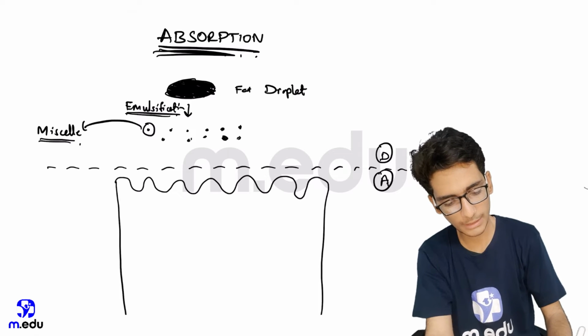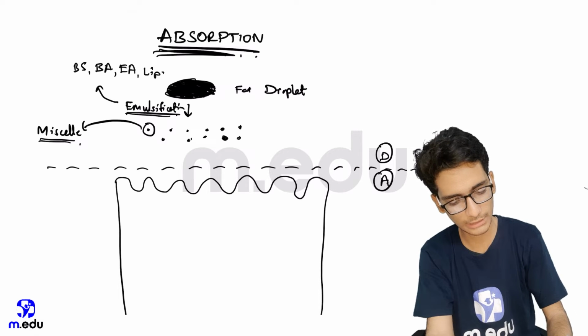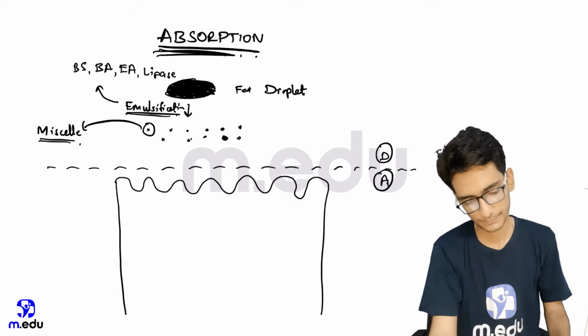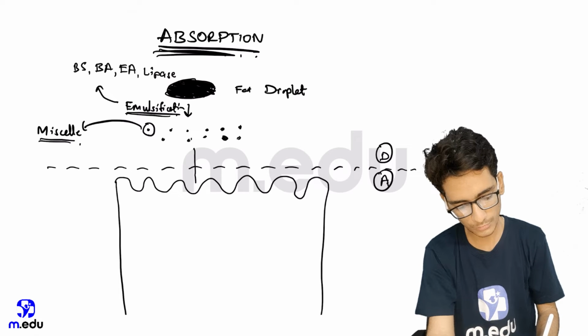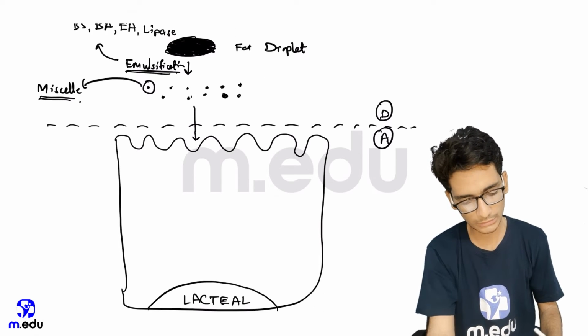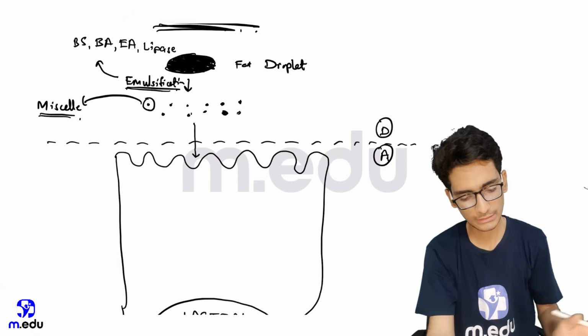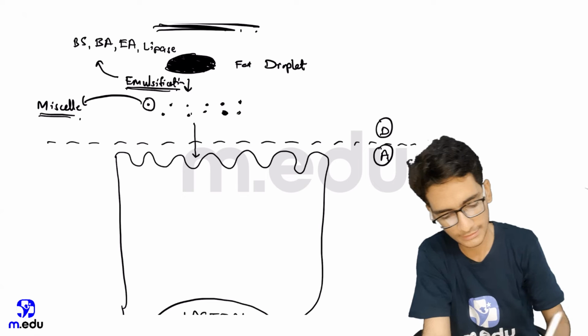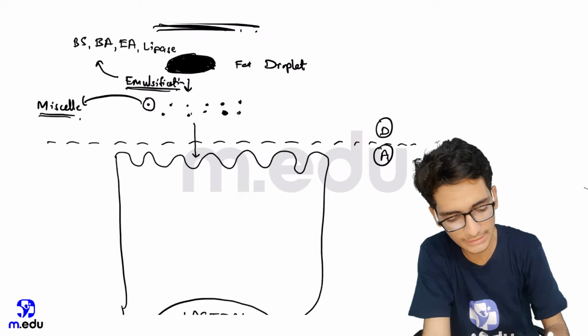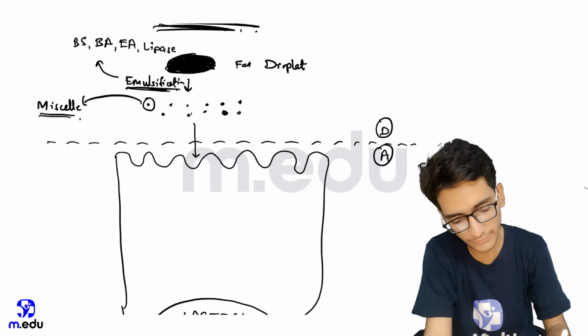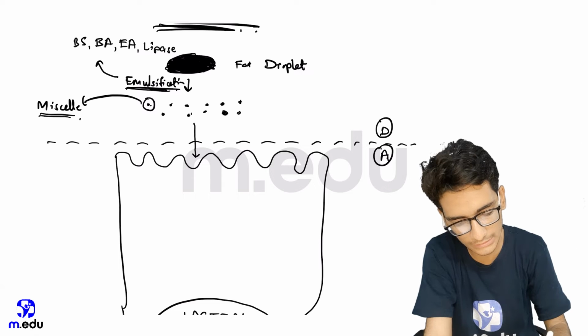They got emulsified by bile salts, bile acids, other emulsifying agents and lipase enzyme to form this micelle. Now this micelle has to enter the small intestine in order to be transported ultimately to reach the whole body. This fat droplet contains all the dietary lipids, cholesterol ester, TAG, phospholipids, which are then emulsified to form micelles. Hence, this micelle also contains all the digested products.